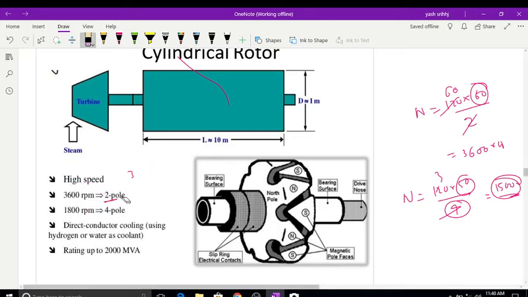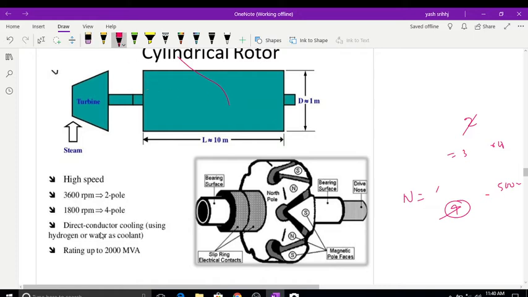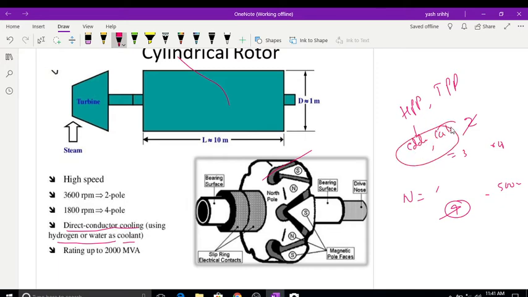And another point is that direct conductor cooling is used, namely hydrogen cooling or water cooling. In hydropower plants and thermal power plants, due to eddy current and copper losses, some temperature is produced and the temperature increases.